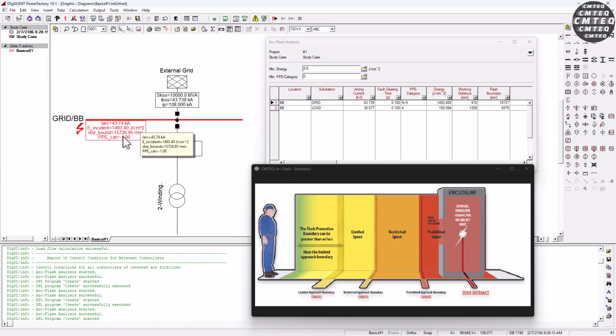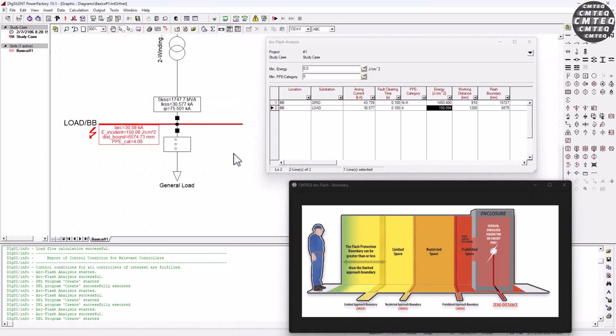The large working distance we also have here of 15.7 meters actually ensures that even though the arc energy is very high, we can still operate at a safe distance to perform our work and never get closer to ground zero, or zero distance, where the arc flash is actually occurring, so we can safely stand here. And that will make the exposure to the arc flash negligible based on the distance.